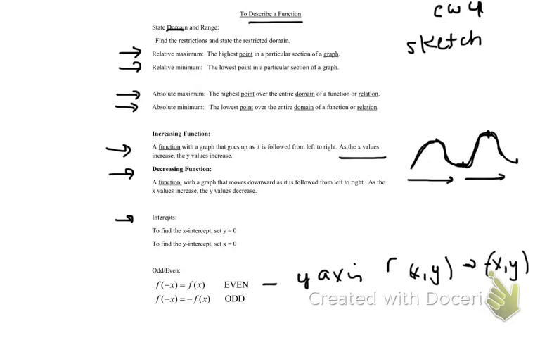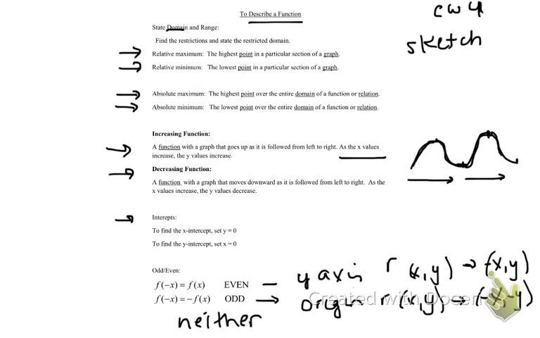If we don't have even, we check for odd. Odd is a reflection through the origin. It follows your reflection rule of (x, y) going to (negative x, negative y). And if it doesn't have either one of these, then it is simply neither. So let's go take a look at one.